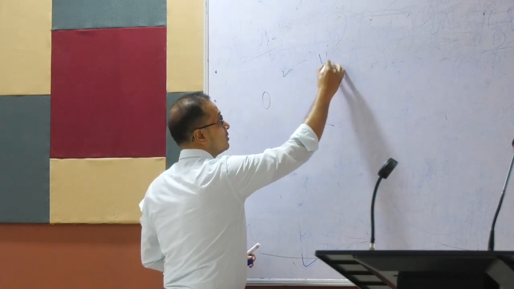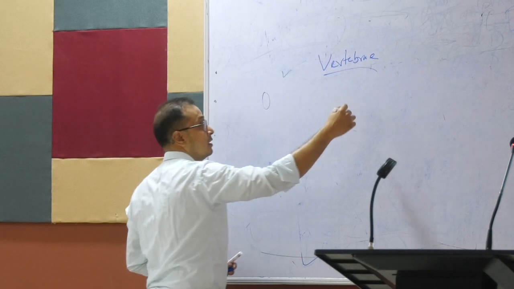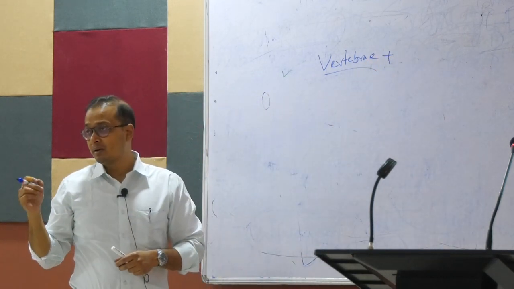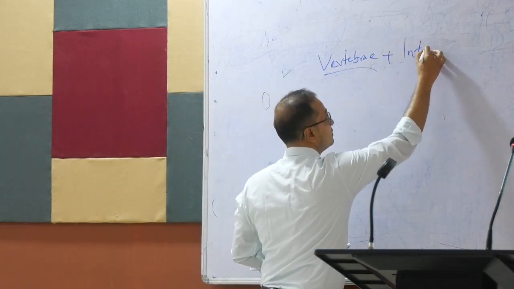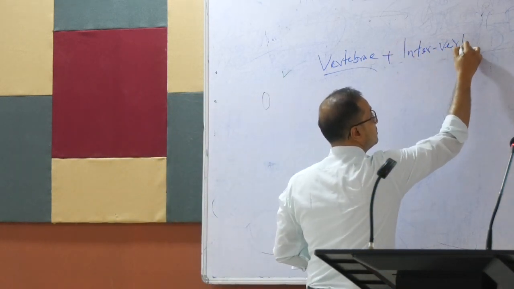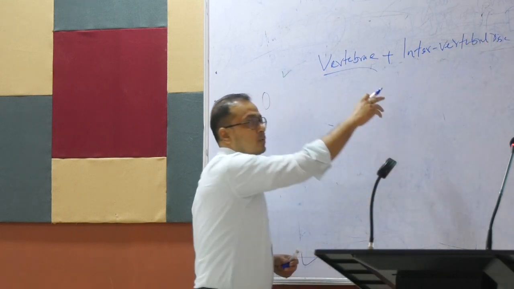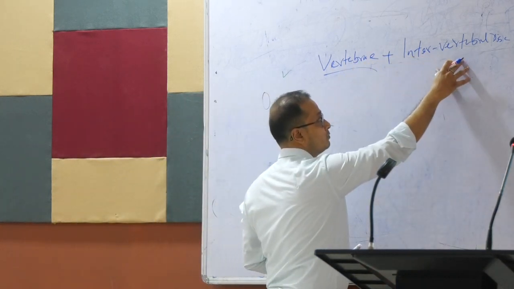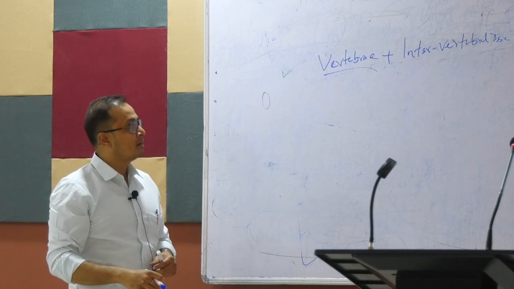We're going to talk about the vertebra, and in between the vertebrae we have a disc, which we call the intervertebral disc. So we're going to learn about the formation of the vertebra and the intervertebral disc, how these components are formed, and their clinical relevance.